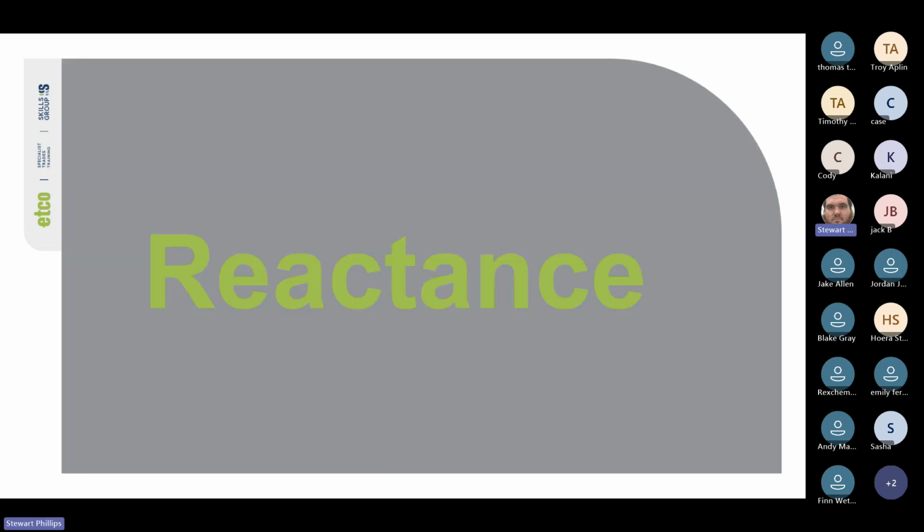Okay, so the next topic we're going to talk about is reactance. Cool. Does anyone have any idea of what we're talking about when it comes to reactance? Has anyone heard that term before?